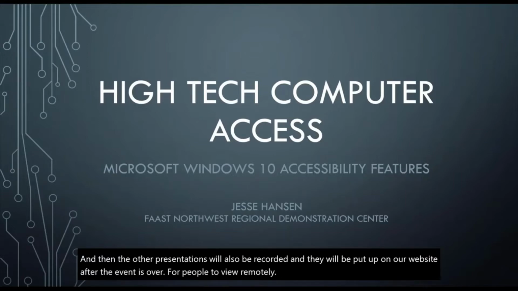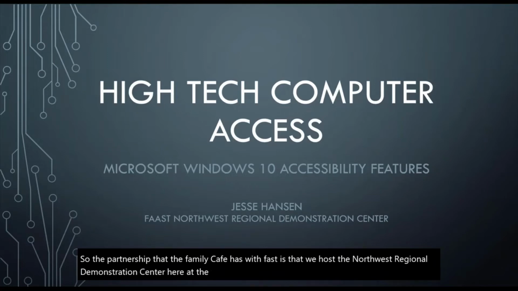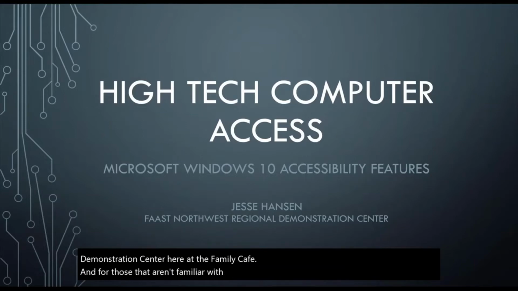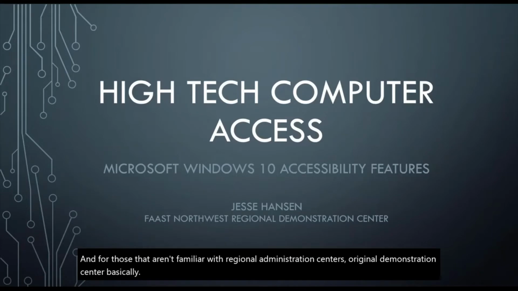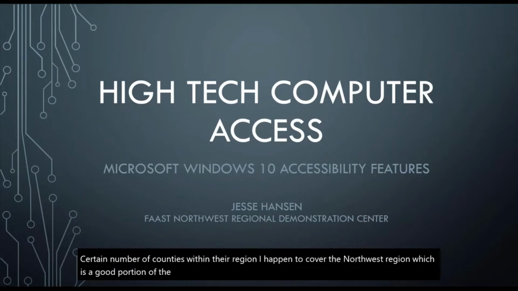So the partnership that the Family Cafe has with FAAST is that we host the Northwest Regional Demonstration Center here at the Family Cafe. And for those of you that aren't familiar with regional demonstration centers, a regional demonstration center basically covers a certain number of counties within their region. I happen to cover the Northwest region, which is a good portion of the Panhandle through halfway between here and Jacksonville.